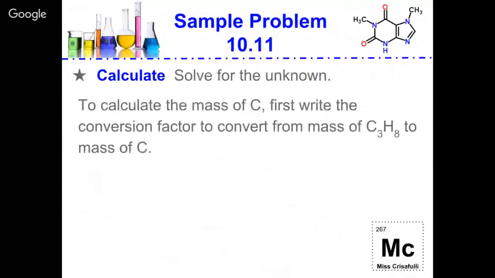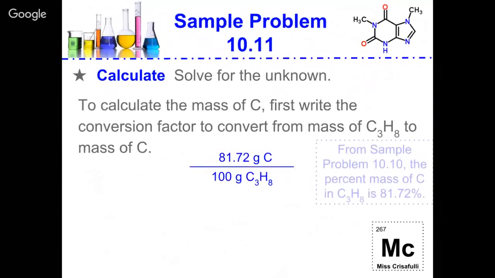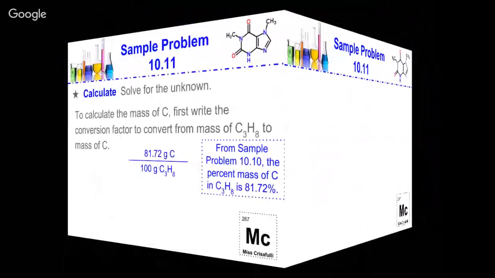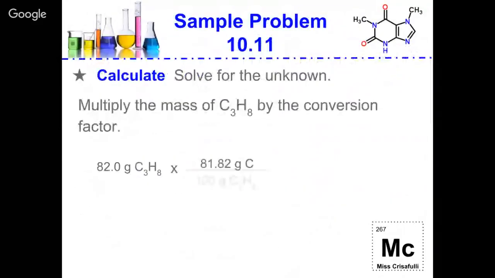So we're going to calculate the mass of carbon first. Here is our percent that we got. Remember, it was 81.72% of carbon in propane. So that's over 100 grams. When we set up our conversion using that information, this is what it looks like. Grams of propane cancel. When we do our math, we get 67.1 grams of carbon.